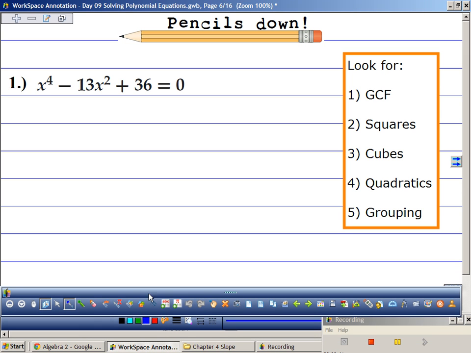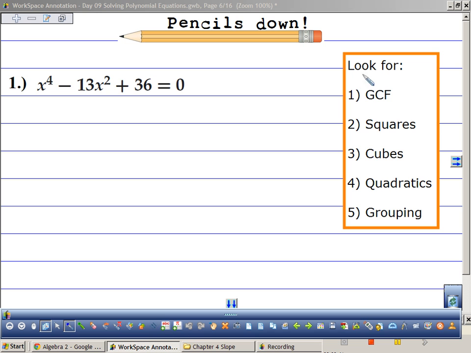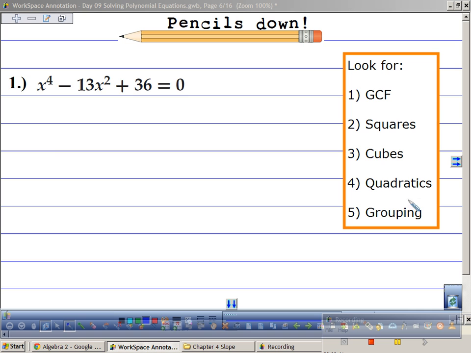So there's always some type of clue, and I've kind of given you some clues over here. You've got your GCFs, you've got squares, cubes, quadratics, grouping. What do you see in this one? There's no GCF. I see squares.